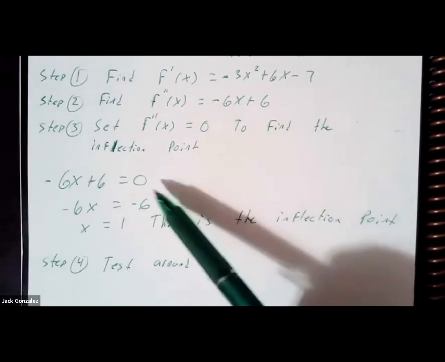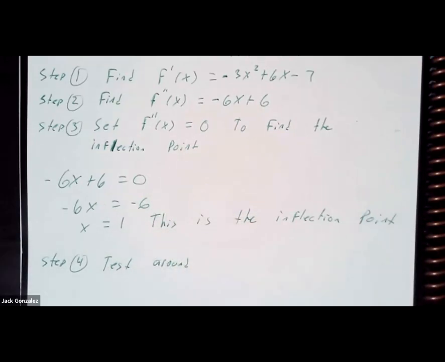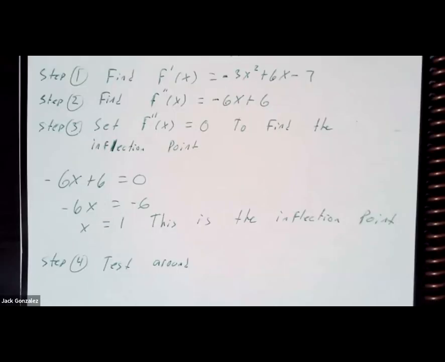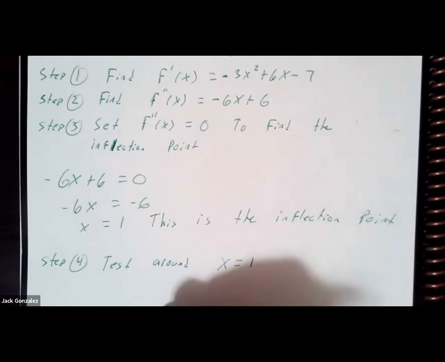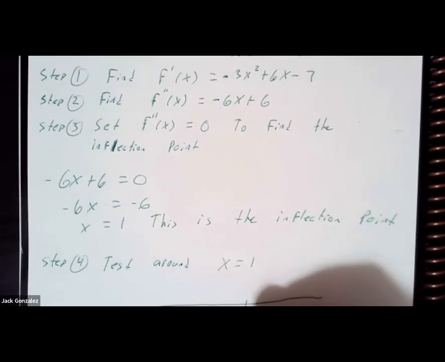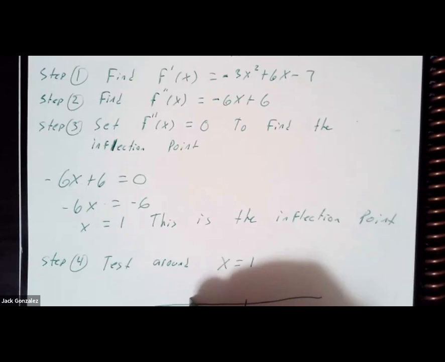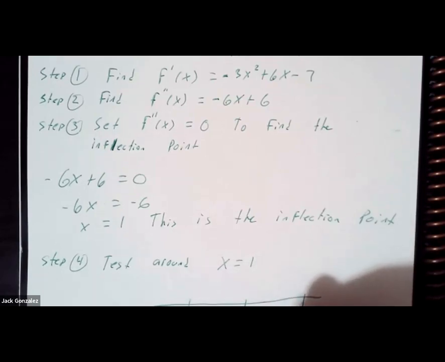Yes, it's 1. So test around x equals 1 with the second derivative in order to figure out where we're concave up or down. I'm going to choose 0 and 2.